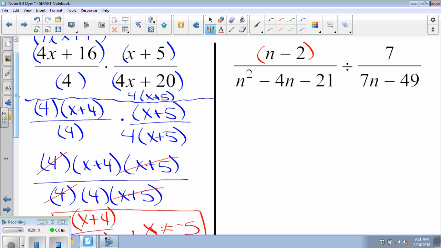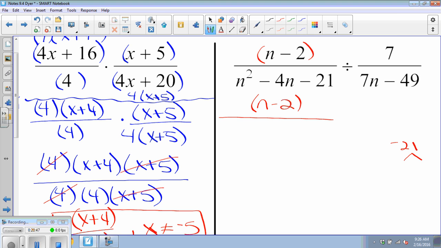That's 3 terms. What are you going to use? AC method to factor this. What about 7n minus 49? How are you going to factor that? Greatest common factor. Okay, so we have n minus 2 over... When I take this and I do the AC method, I have negative 21.